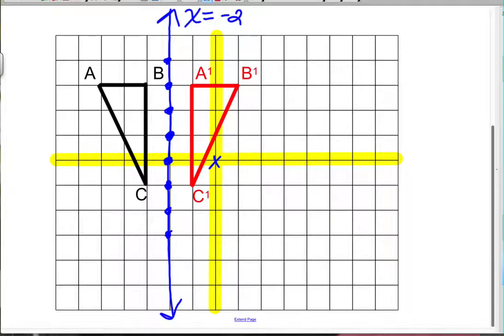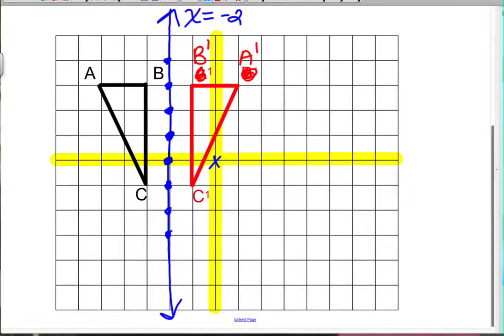But if we look at our original image and we look at our new image, does it look like everybody is the same number of units away? Well, I just caught a mistake. Do you guys see the mistake? This should be the B, huh? And this should be the A prime, huh? Sorry about that.